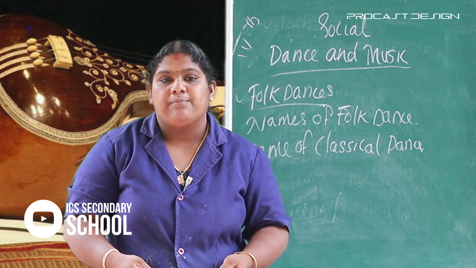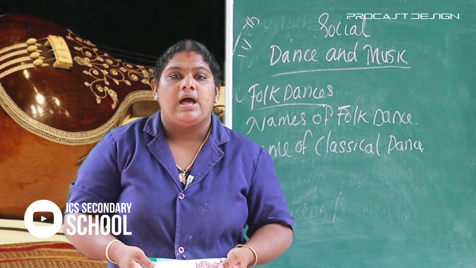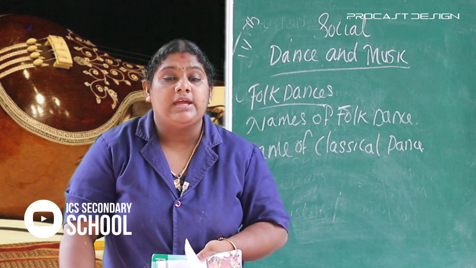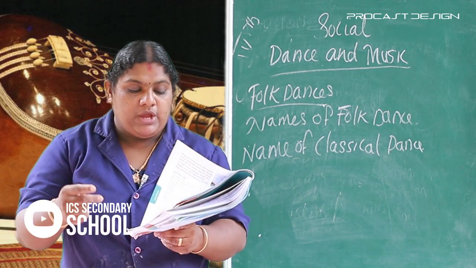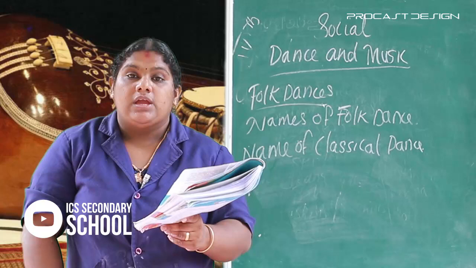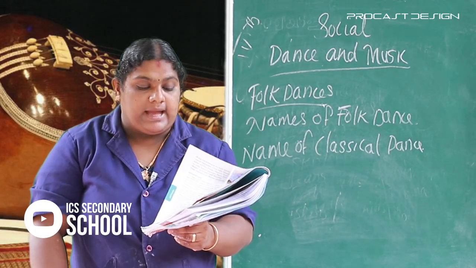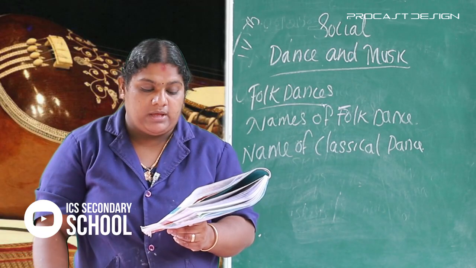At the same time, M. Balamurali Krishna and M. S. Subbalakshmi are the famous singers in Carnatic music. In your textbook page number 157, here you can see there have been many great singers in our country. Tansen sang at the court of Emperor Akbar.